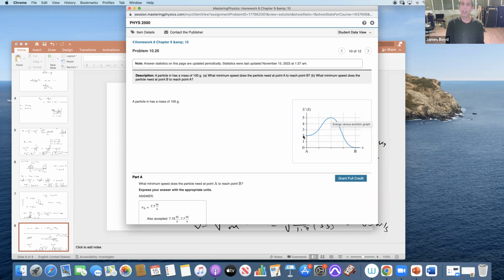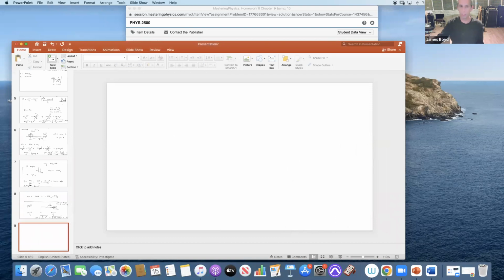Okay, what minimum speed does a particle need at point A to reach point B? It has to have enough energy to get over this hill. So at this point, it has 2 joules of potential energy, and it needs to have 3 joules of kinetic energy. When you read a potential energy diagram, it's in joules.